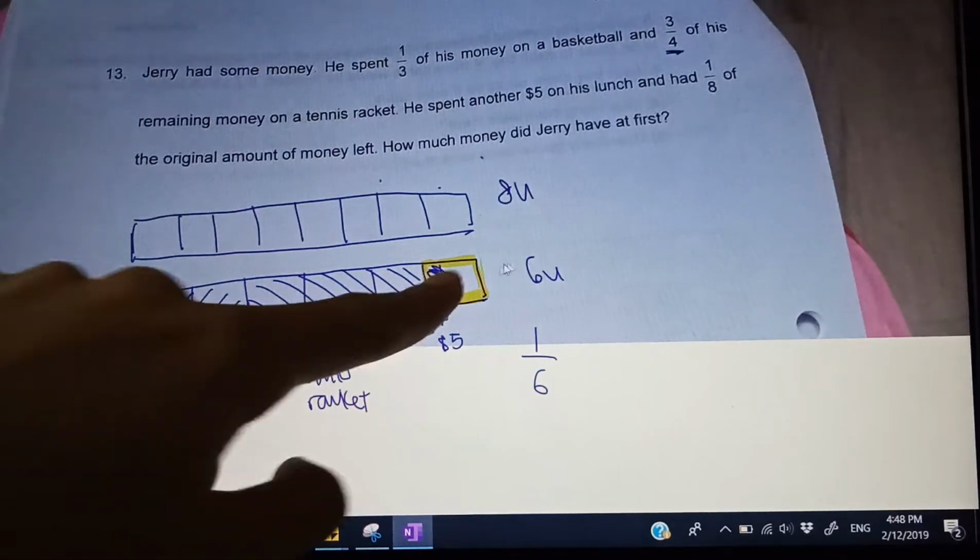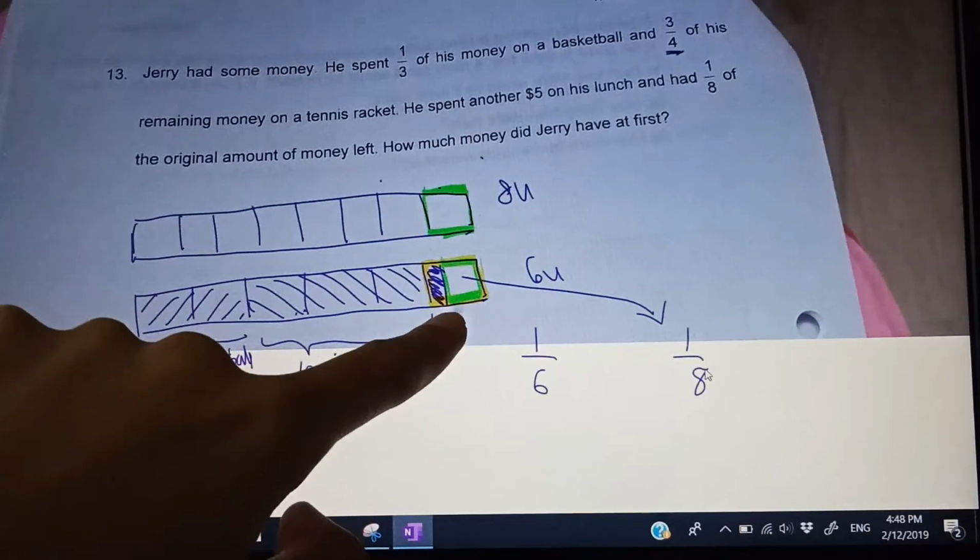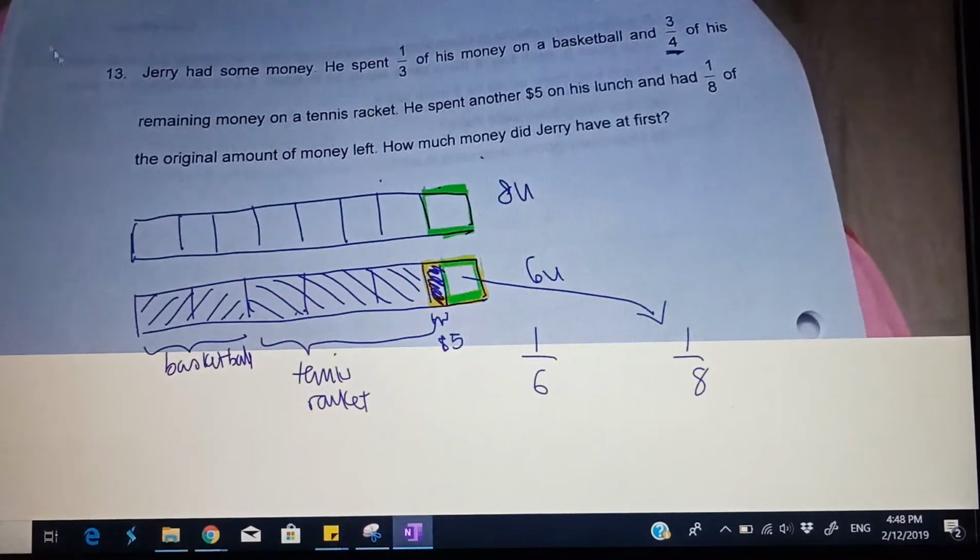And then this one that he has left is actually 1/8. 1 unit out of the 8 units.